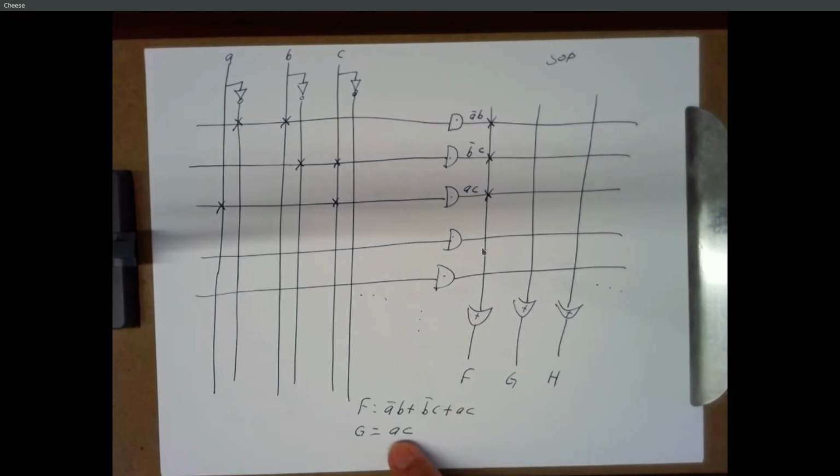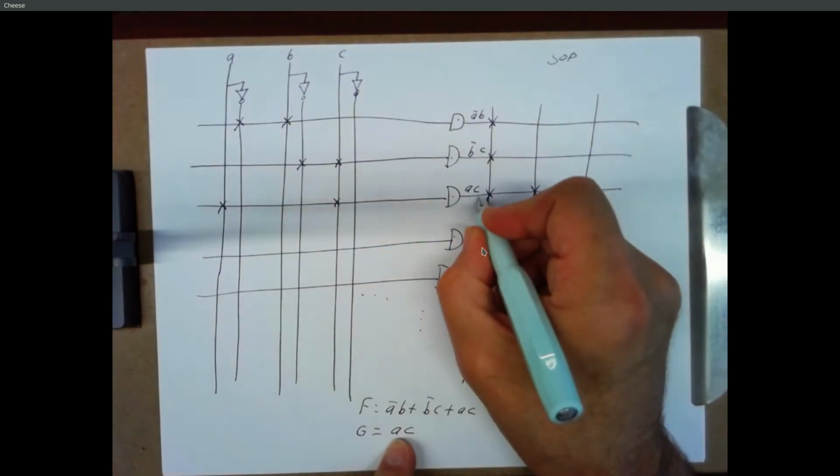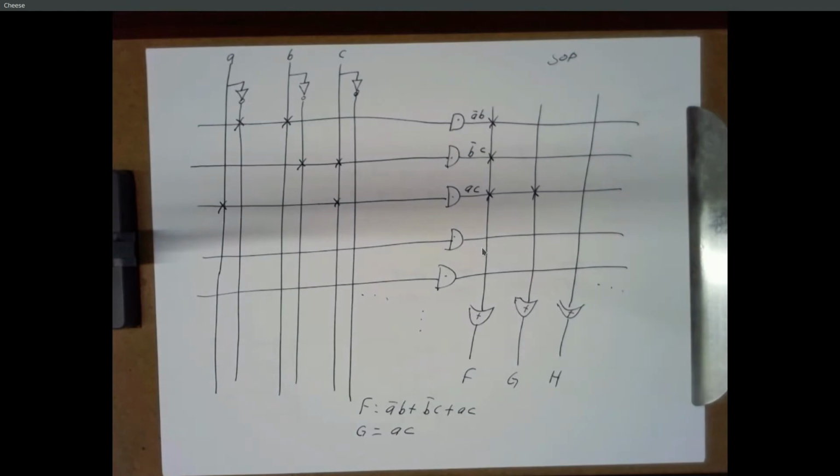G conveniently just wants to be A ANDed with C, so I'll just take that one product term and run that through my OR gate, and so now G is equal to AC, and so on. So that's just a shorthand of how we would normally draw a circuit, where we'd have a bunch of wires going into AND gates and we put dots to show that they're connected.